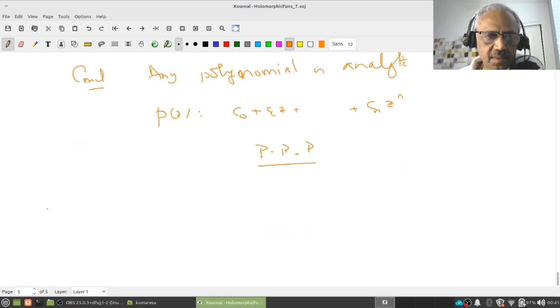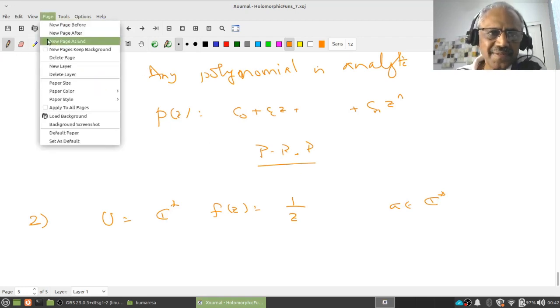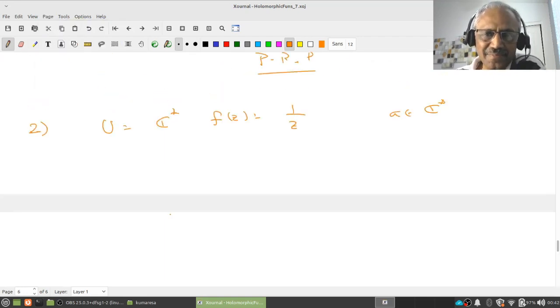Now let's look at the second example. Let U be C star, and f of z equal to 1 by z. I claim this is analytic. So fix an a in C star. What do you think I will do? You have already seen how I managed with the polynomial, so I should use the same trick.